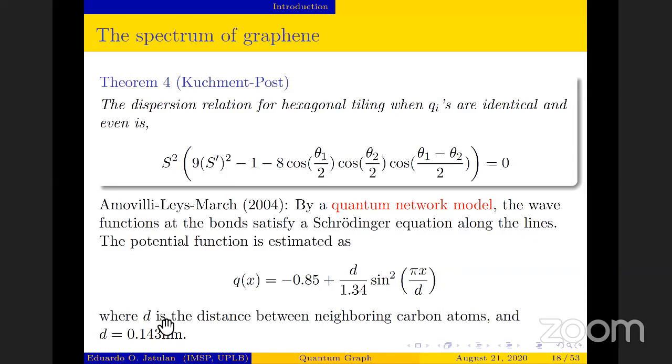Here d is the distance between neighboring carbon atoms, a very small quantity.